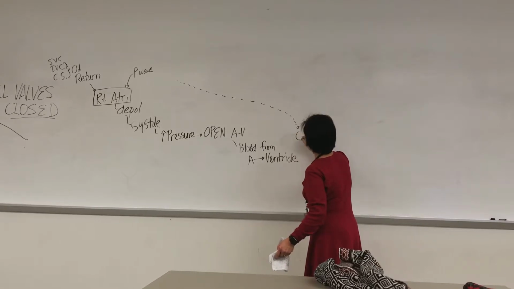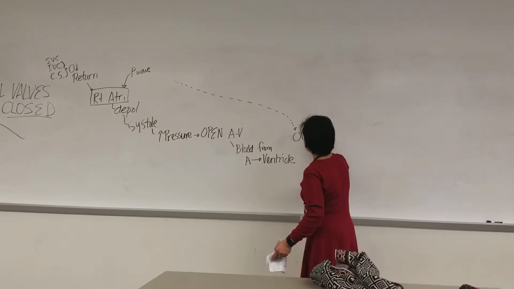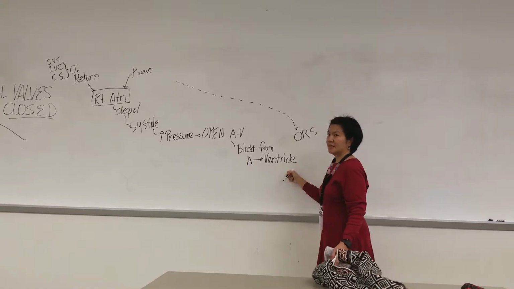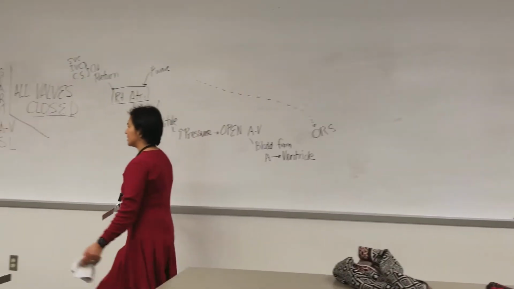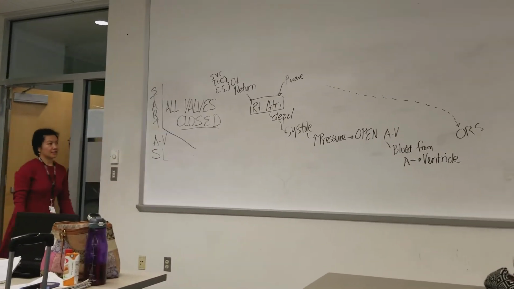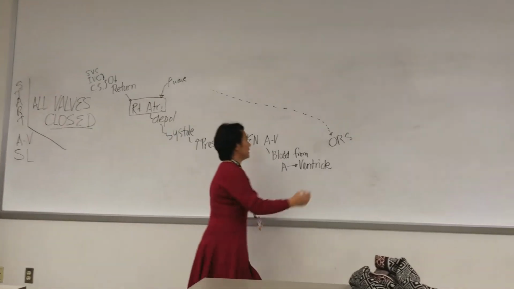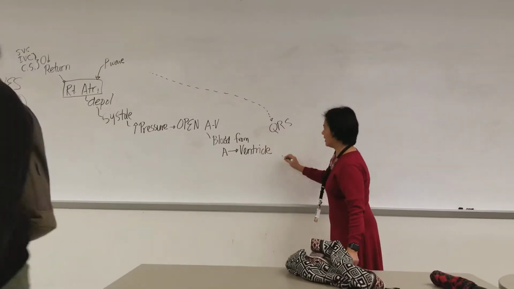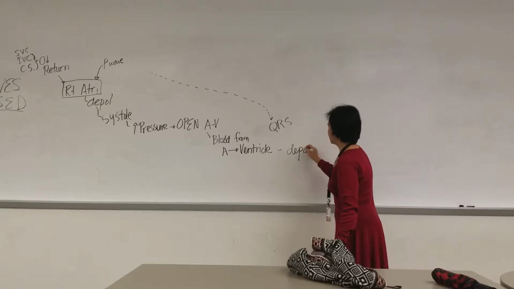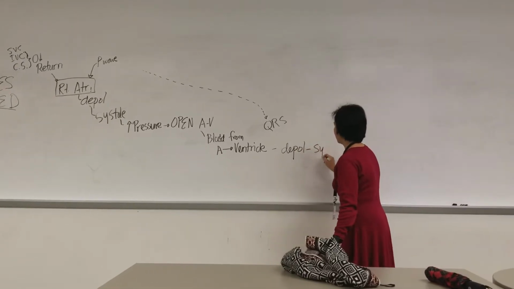Next will be the QRS. You see that the blood is now in the ventricle, right? So the volume in the ventricle is going up, and the ventricle will depolarize and it will go into systole.